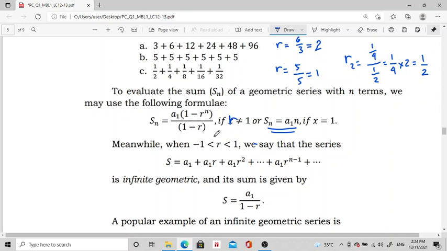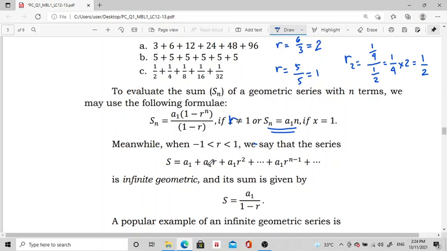Ngayon, meron naman tayong special type ng geometric series. And that happens when the ratio is between -1 and 1, excluded sina -1 at 1.